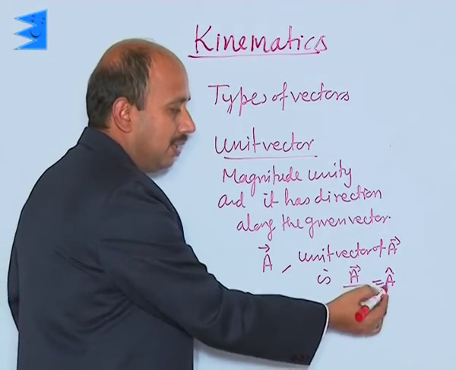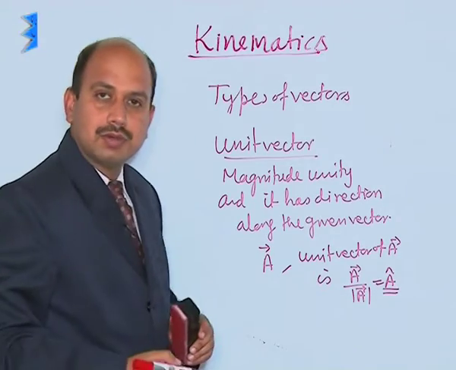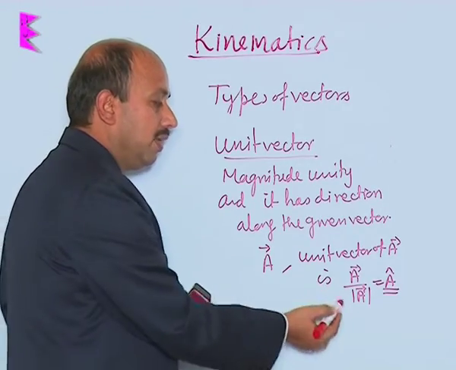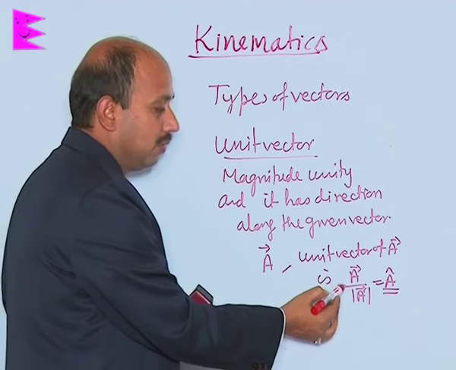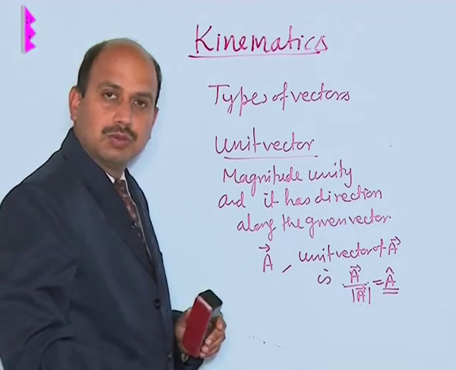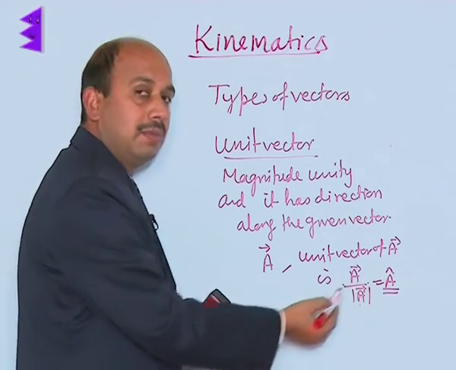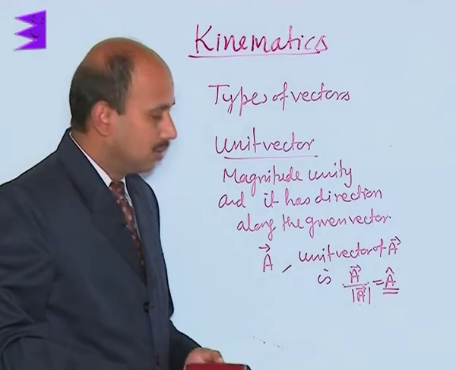So, when we write A cap, that means a unit vector. So, unit vector of a given vector A is equal to the vector divided by its magnitude. It is equal to A cap, which means unit vector.